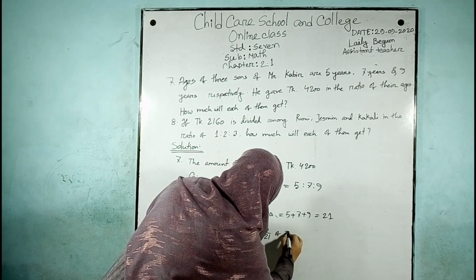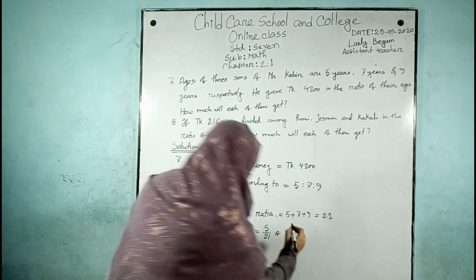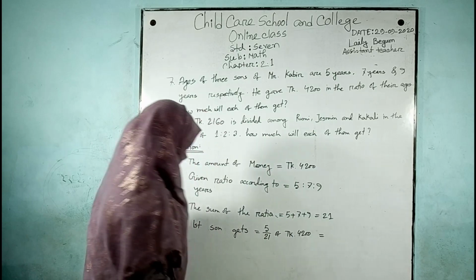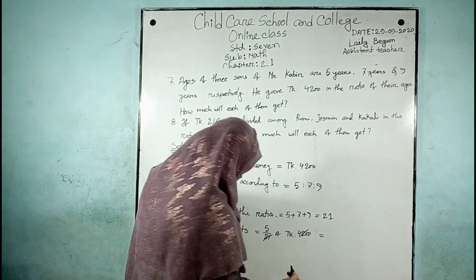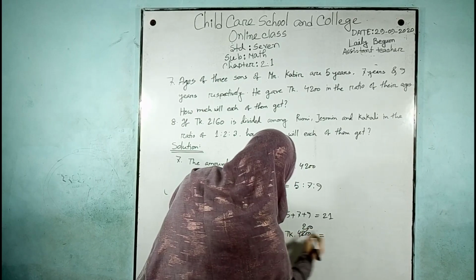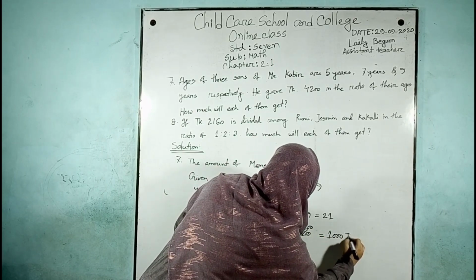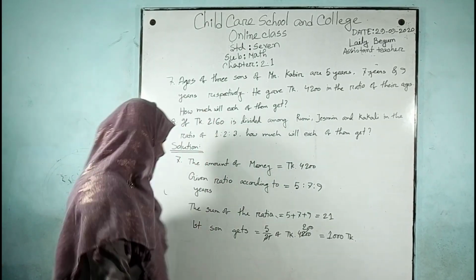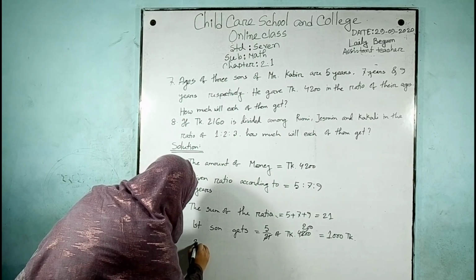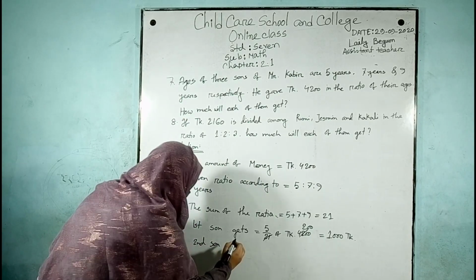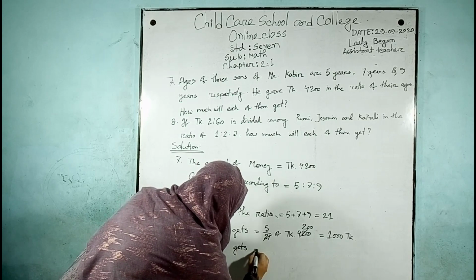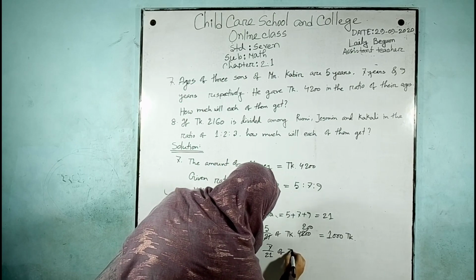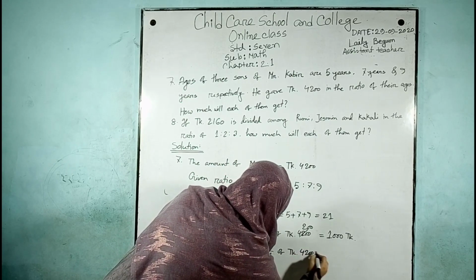So the first son gets 5/21 of Taka 4,200. 4,200 divided by 21 is 200, and 200 multiplied by 5 is 1,000 taka. Now the second son gets 7/21 of Taka 4,200.